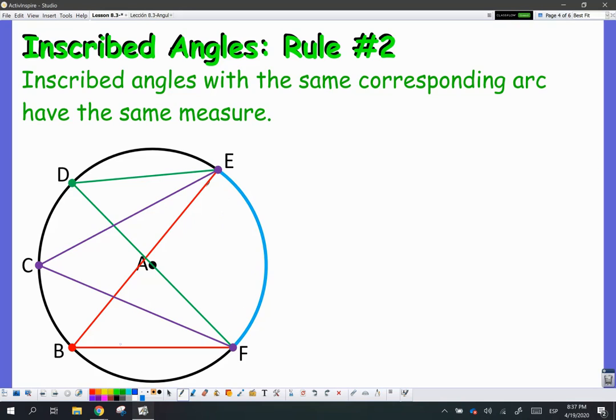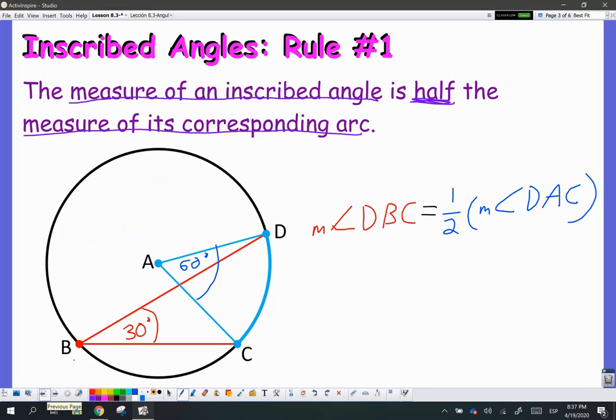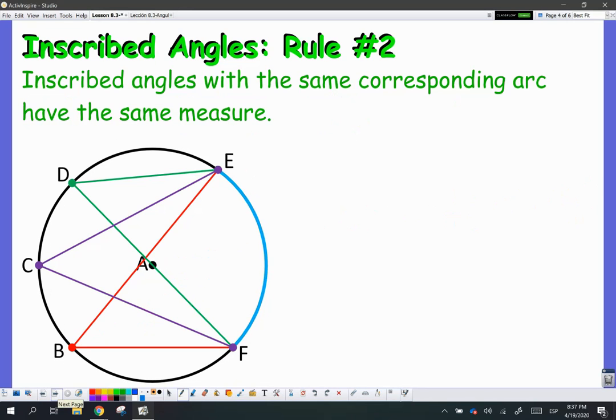So they all intercept the same arc. Now I'm not going to bother measuring the arc here because I already know from the first rule that the inscribed angle is half the arc. So if I can find the measure of one of these inscribed angles, then I'll know the measure of the arc because I can multiply it by 2.